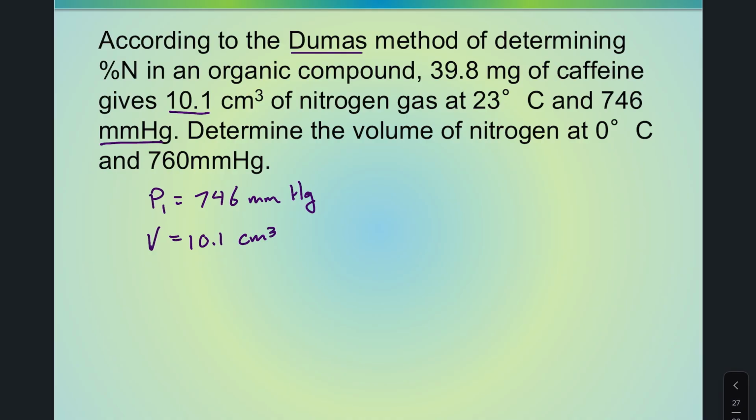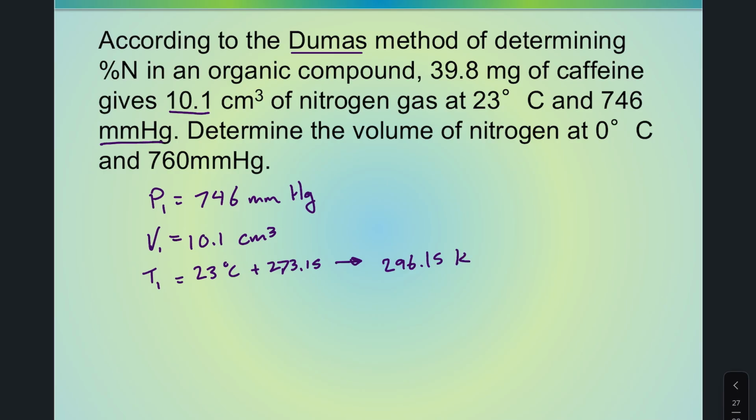Our T1 is 23 degrees Celsius. If we add 273.15 to that, we end up getting 296.15 Kelvin.